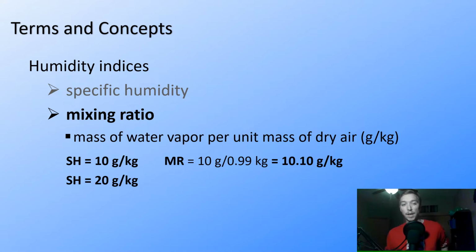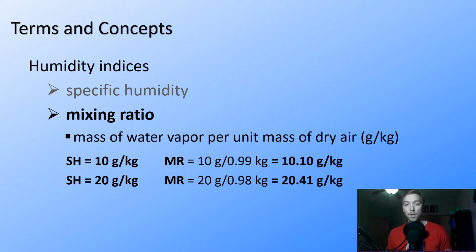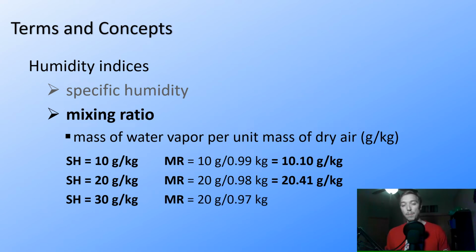If the specific humidity was 20 grams per kilogram, mixing ratio would equal 20 grams divided by 0.98 kilograms. That would equal 20.41 grams per kilogram. For 30 grams per kilogram, that would give us 30 grams divided by 0.97 kilograms, or 30.93 grams per kilogram. That's our mixing ratios.